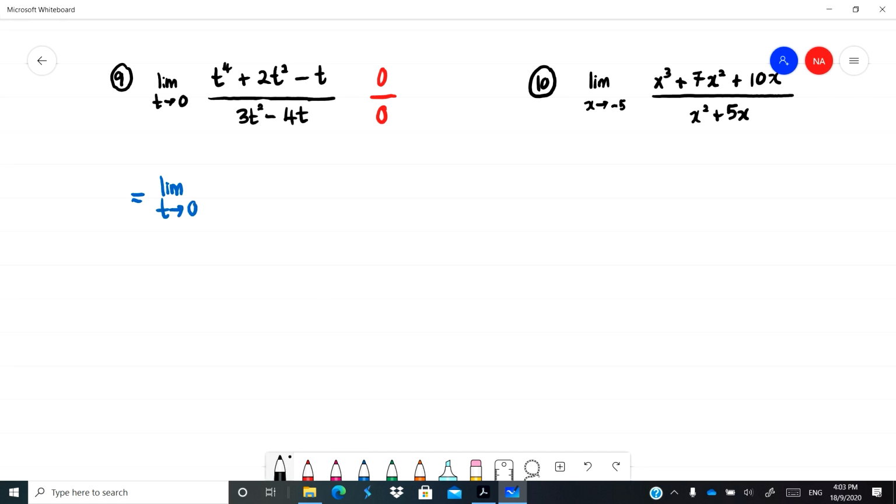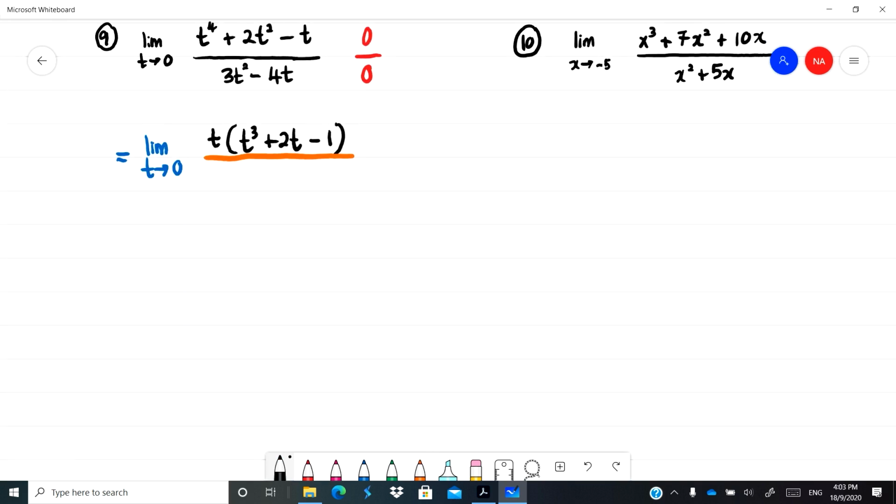You factorize t, so you'll have t to the power of 3 plus 2t minus 1 over 3t minus 4. Look at the t here, they are the same, so you can cancel them. Please write it back: limit as t approaching 0 of t to the power of 3 plus 2t minus 1 over 3t minus 4.